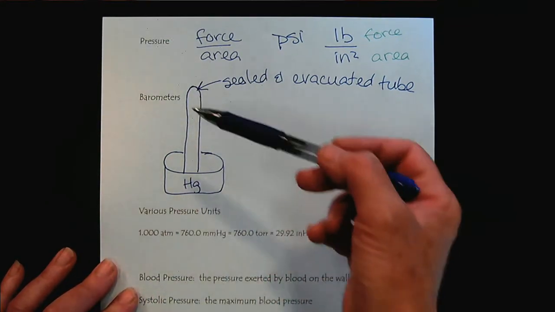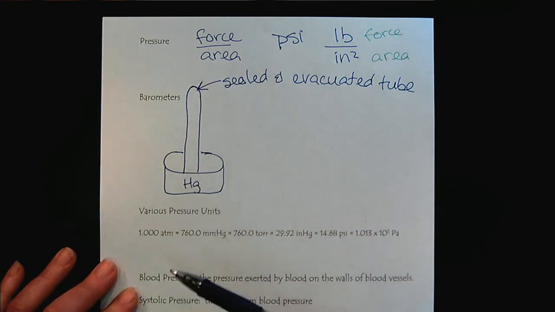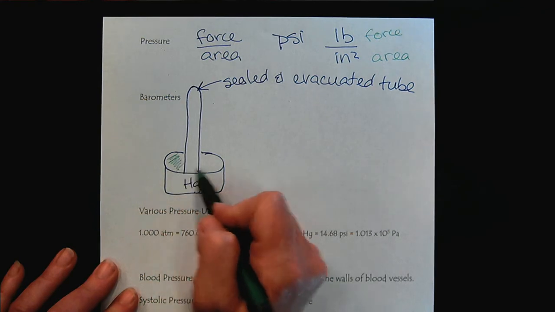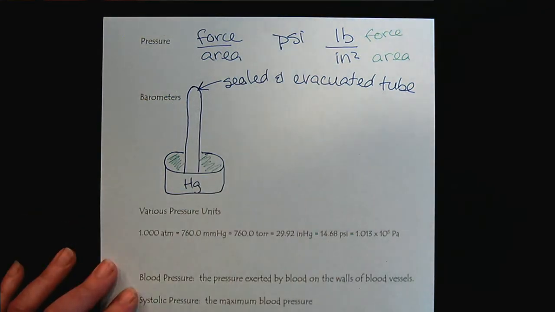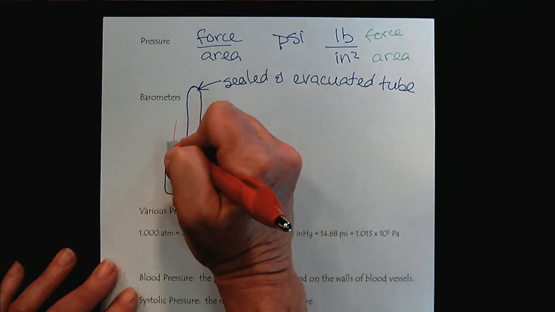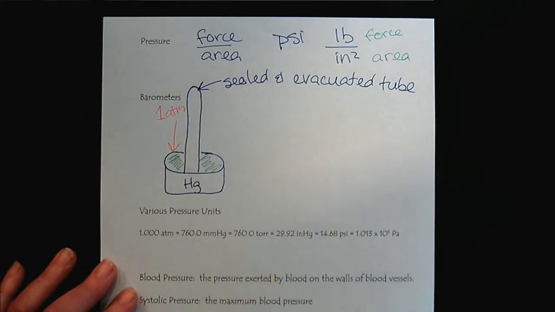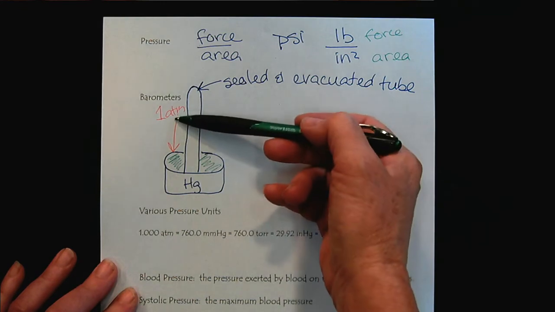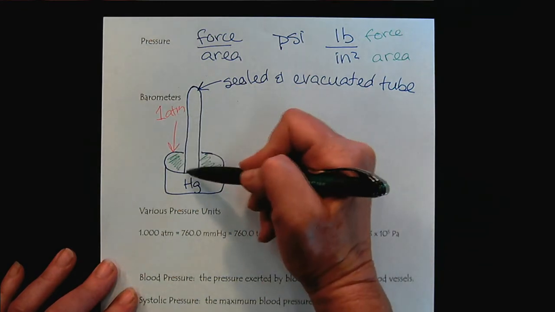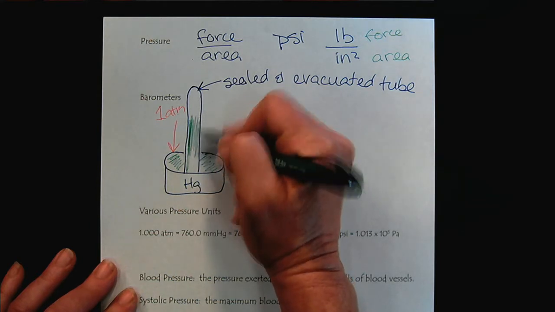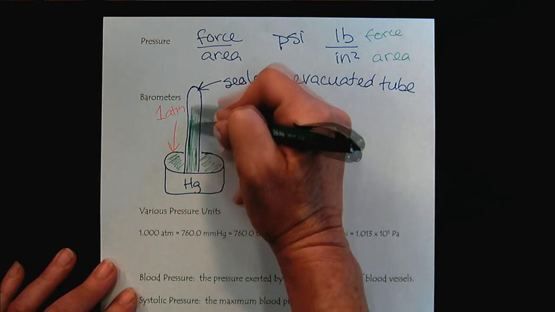And so then if we stick it into a tub of mercury, so the mercury is sitting here, what happens? Well, we're all experiencing 1 atmosphere of pressure. So that 1 atmosphere of pressure presses down on the mercury and pushes it up the evacuated tube to fill that empty space.